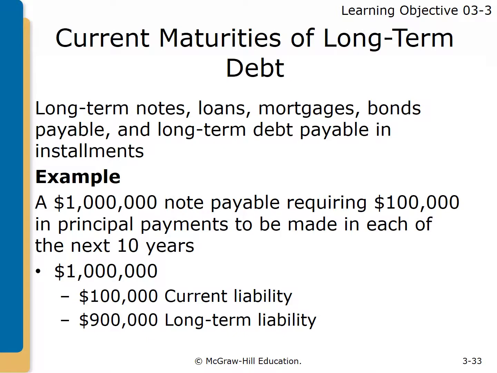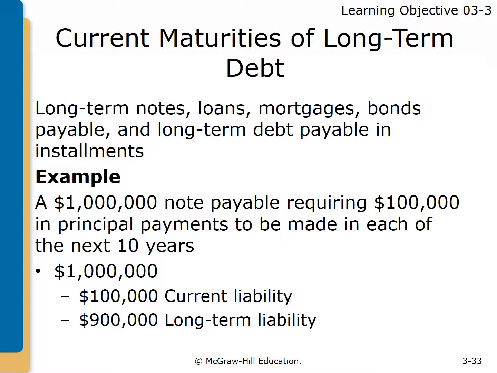Current maturities of long-term debt. When you have a long-term loan, so normally it's not going to be paid off until a time period beyond 1 year. Maybe during the current year, you will be paying some of it off.